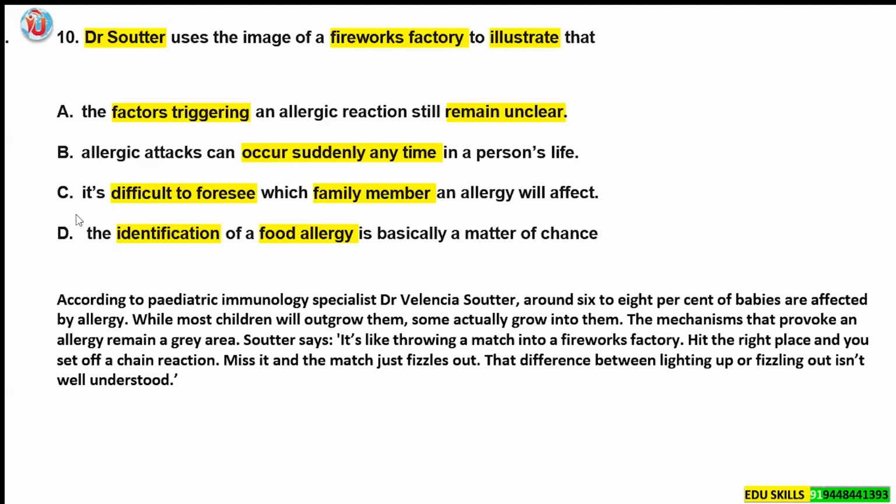Next, answer option C. It's difficult to foresee which family member an allergy will affect. Difficult to foresee and family member. These are keywords. Next, answer option D. The identification of a food allergy is basically a matter of chance. Identification and food allergy are the keywords.